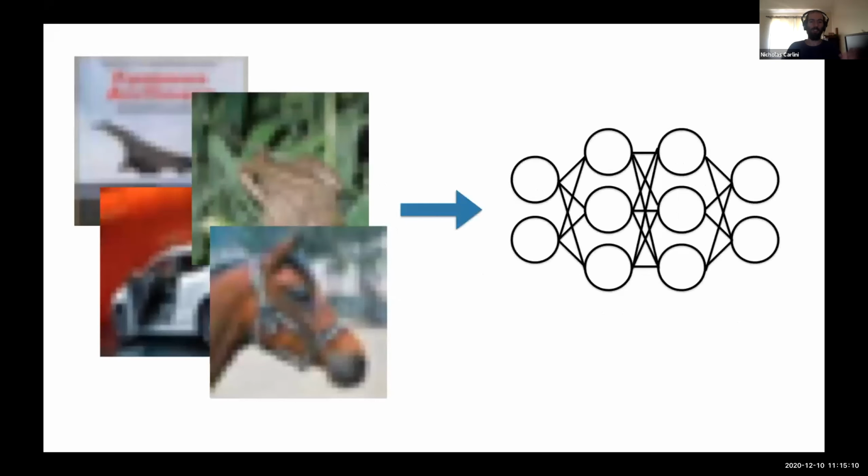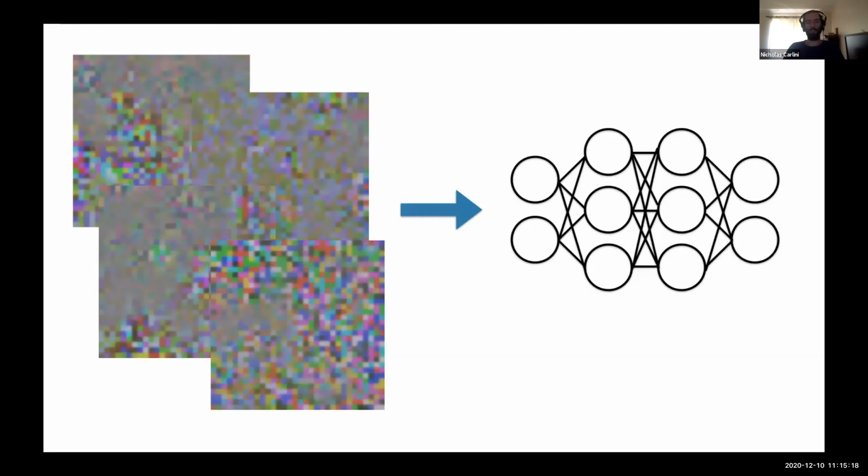The way it works is, instead of taking your standard images and feeding them into the classifier, we're going to turn them into encoded images. And these encoded images are going to look essentially like noise to all of us, but are going to have the property that you can still train the classifier on them, and it will still be accurate on the original images. It's kind of magic that you can do this.